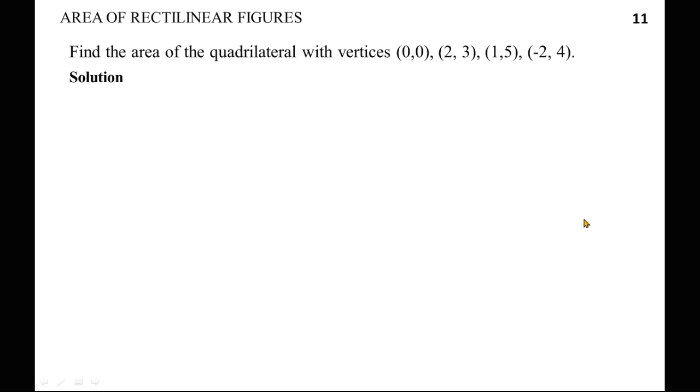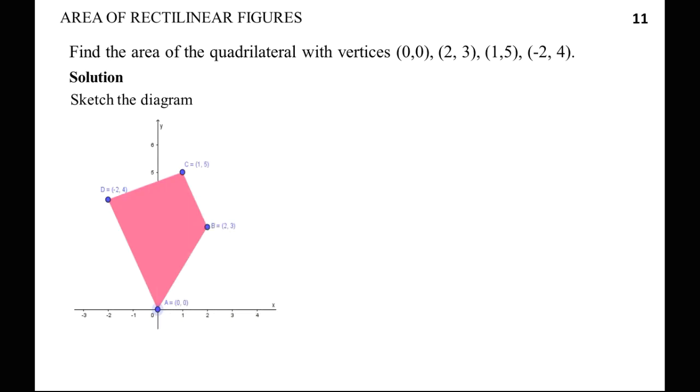Question number 11. Find the area of the quadrilateral with vertices (0, 0), (2, 3), (1, 5) and (negative 2, 4). The solution has to be started using a sketch of the diagram of all points. So point A is (0, 0), point B is (2, 3), point C is (1, 5), and point D is (negative 2, 4), and they are all put in the diagram.